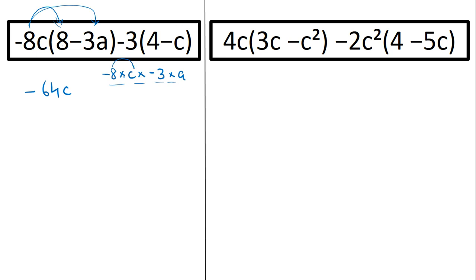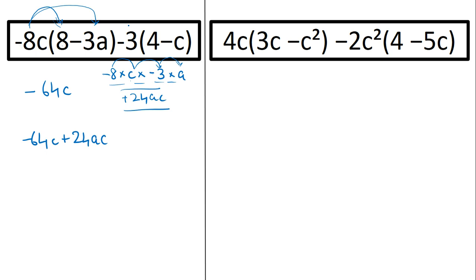So negative 8 times C is negative 8C, and then negative 8C times negative 3. 8 times 3 is 24, and a negative multiplied by a negative becomes a positive, and then a positive 24 with the A and C means positive 24AC, right? So 8 times 3 is 24, negative and negative makes it a positive, and A times C just makes AC, which means that after my minus 64C, I'm going to be writing plus 24AC.